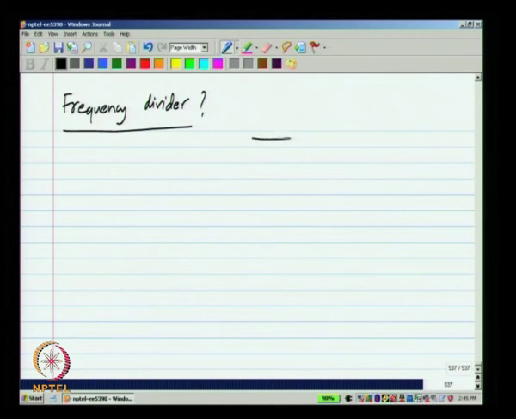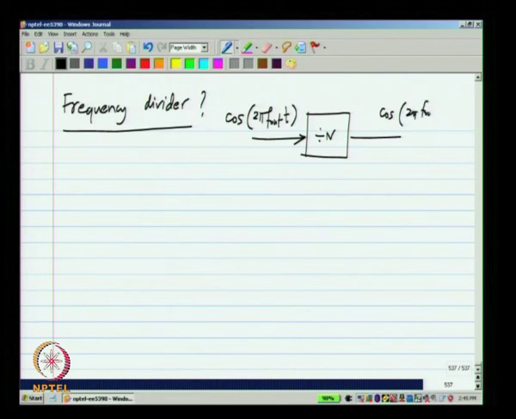If you feed in a voltage whose frequency is f out, then the output must have a frequency of f out by n.